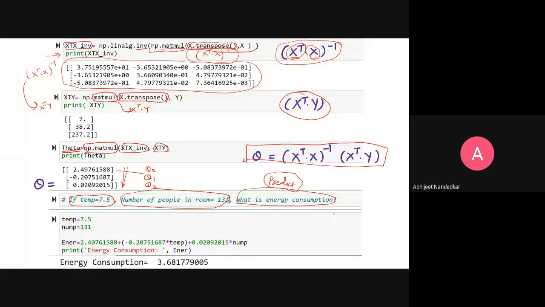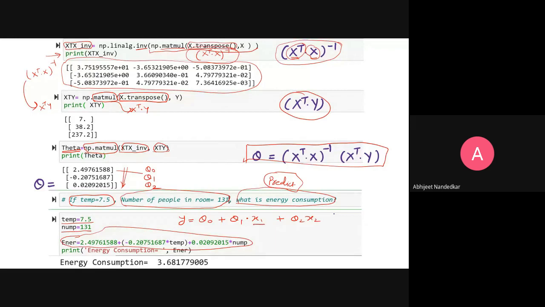So what I do, I take a variable 7.5 as temperature. I take the number of people as numpy 131, and then I implement this equation. And what is this equation? If you see carefully, I am just doing this: Y is equal to theta 0 plus theta 1 into x1 plus theta 2 into x2.